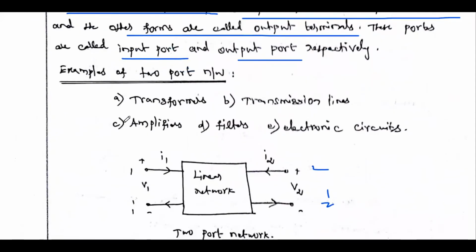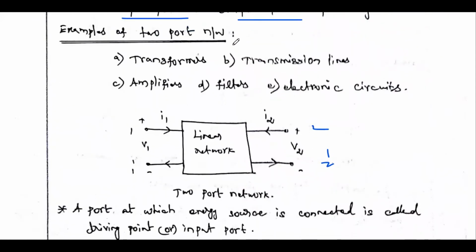Examples of two-port networks are transformers, transmission lines, amplifiers, filters, and electronic circuits. While analyzing transistor-based circuits like amplifiers and oscillators, we consider that electronic circuit as a two-port network and do the analysis.